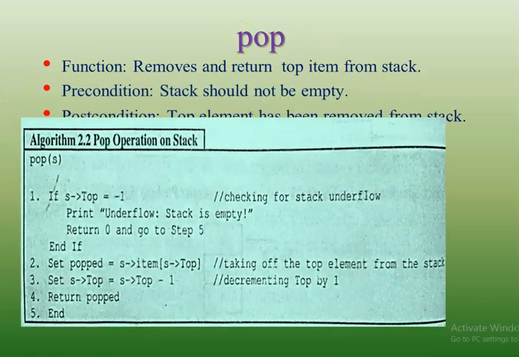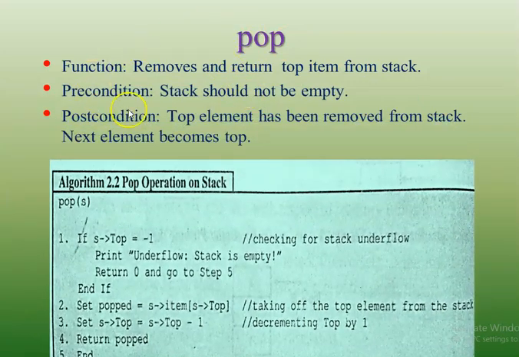Let us see the algorithm. Here we will be passing only one value, that is the pointer. S is the pointer here again. So for the pop algorithm we will be passing the stack pointer S, and we will be checking whether the stack is empty or not.